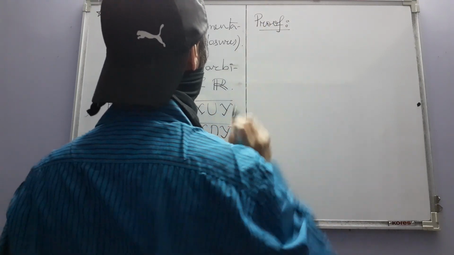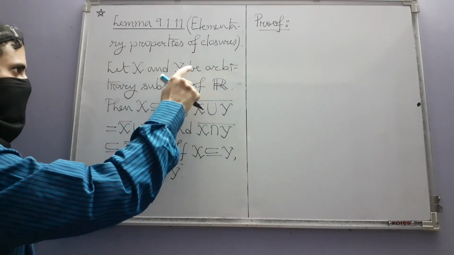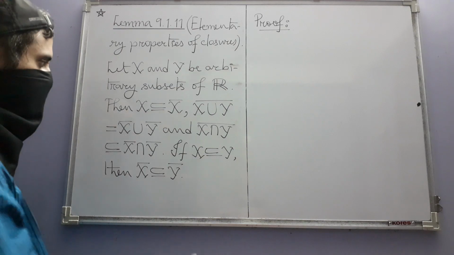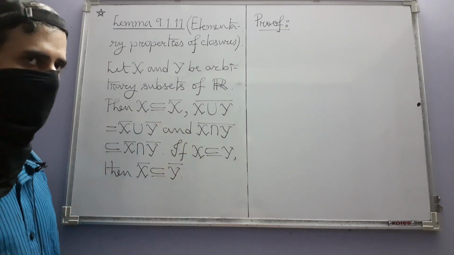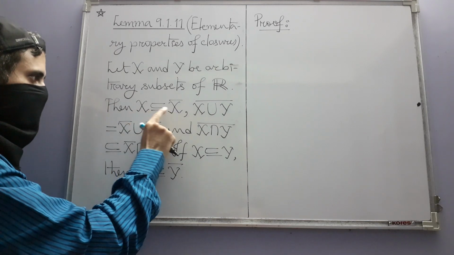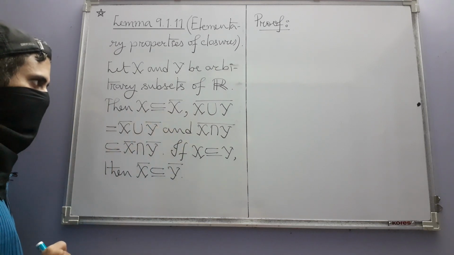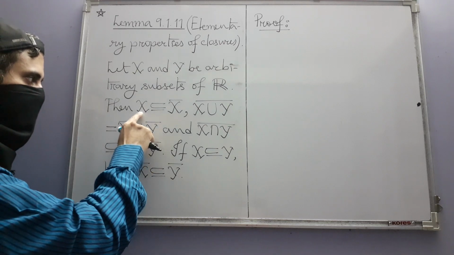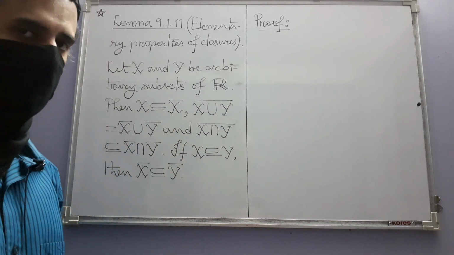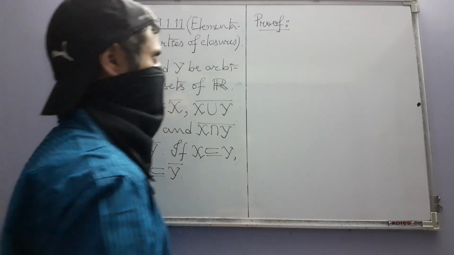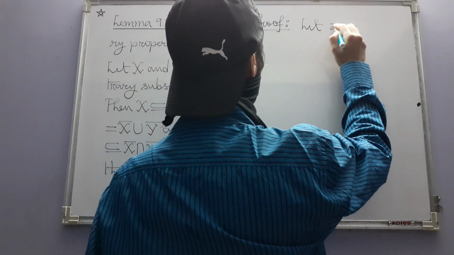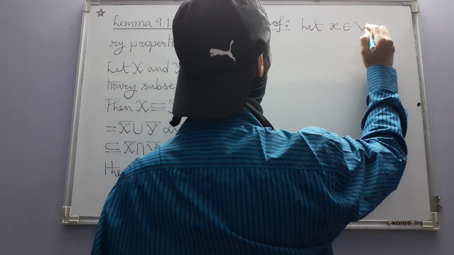So the statement is just this: x and y are any two subsets of R, any two arbitrary subsets, then these things happen. And among them, the first one is this: x is contained in its closure. In other words, every element of x is an adherent point of x. So let us prove this first. So we choose an arbitrary element of x.